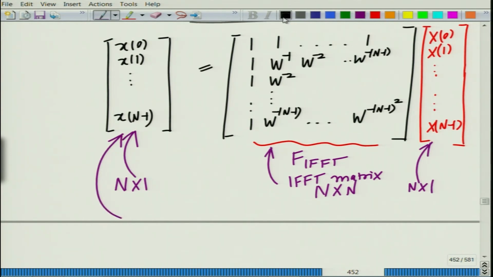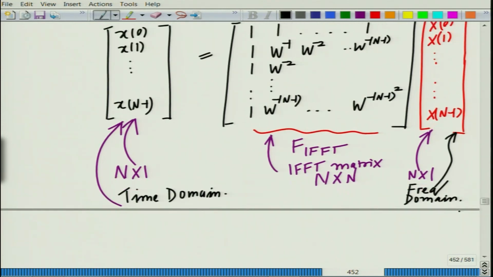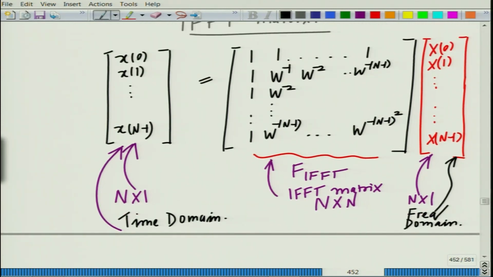Remember, we are using the small x's to denote the time domain, and the capital X's to denote the frequency domain, right. So, this is the time domain, this is the frequency domain.